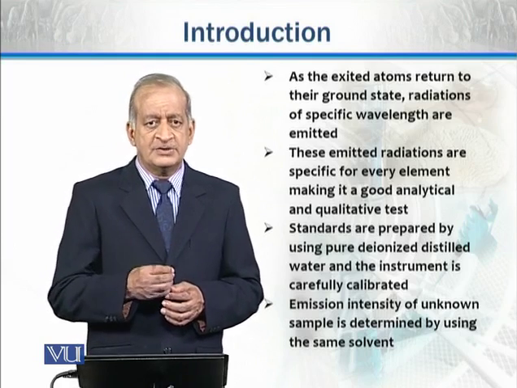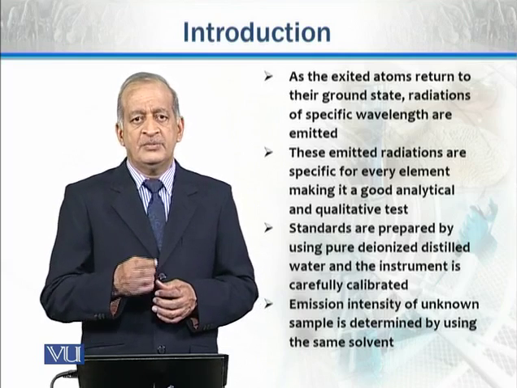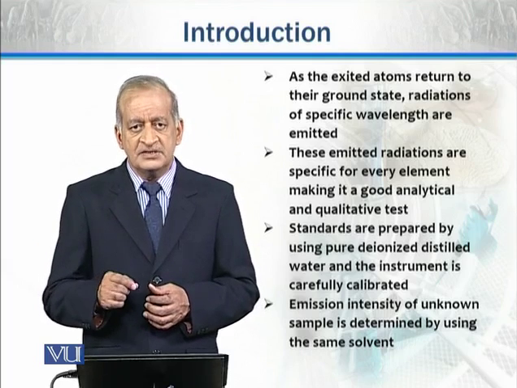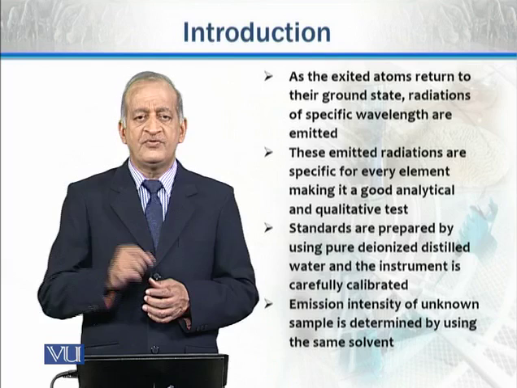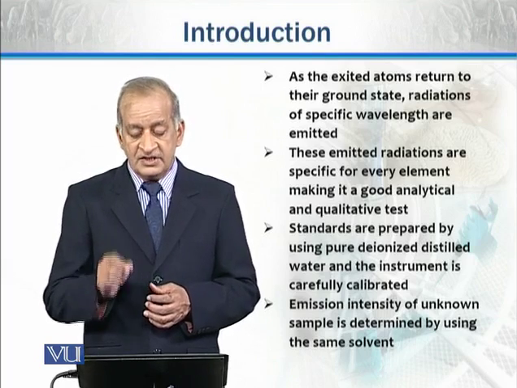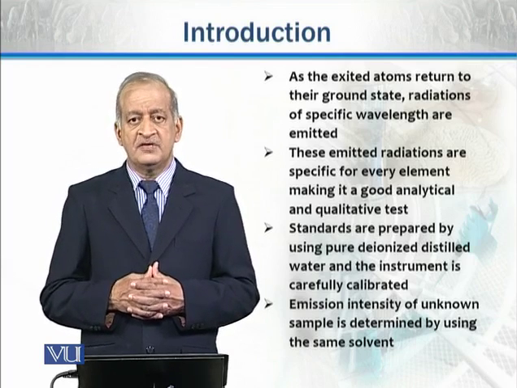For example, sodium emits specific types of radiations. Similarly, magnesium also emits specific types of radiations. And these radiations of sodium are different from the radiations emitted by magnesium. That is why this technique is a good analytical qualitative test.